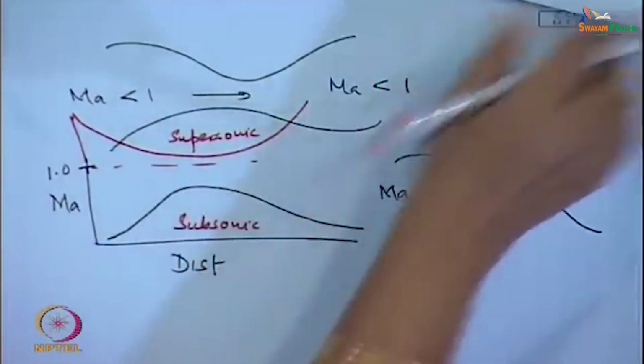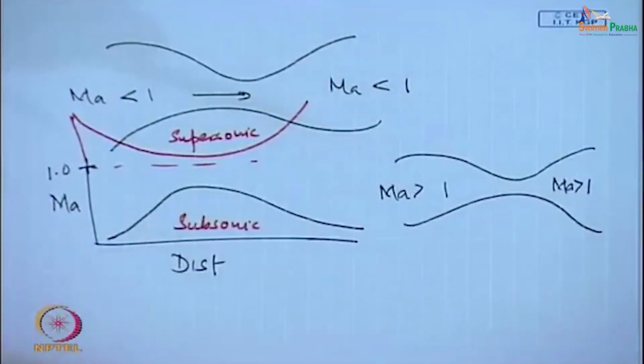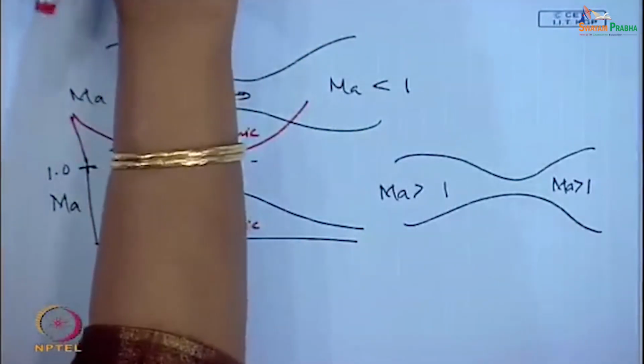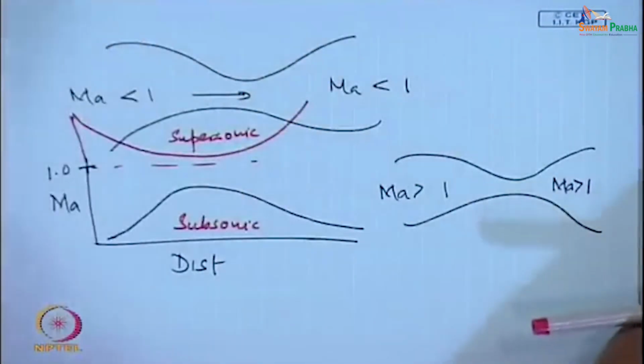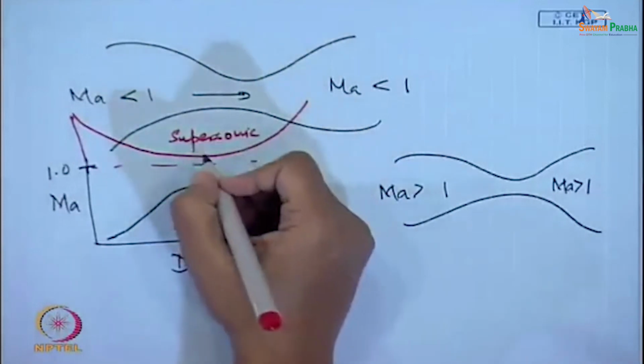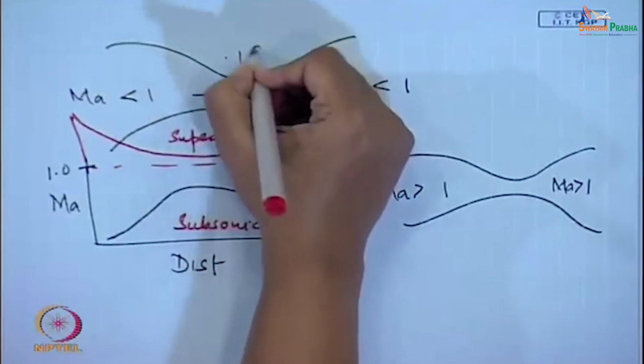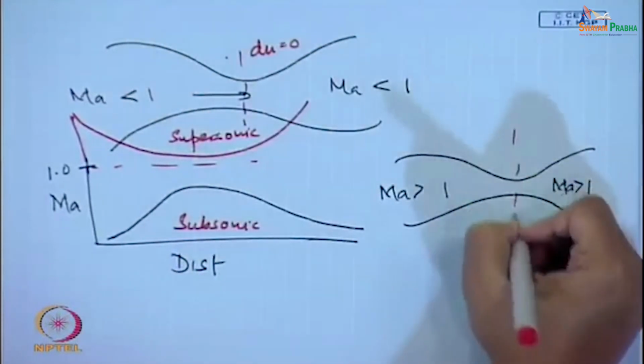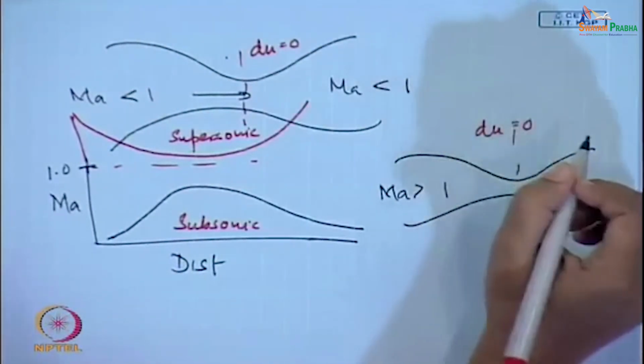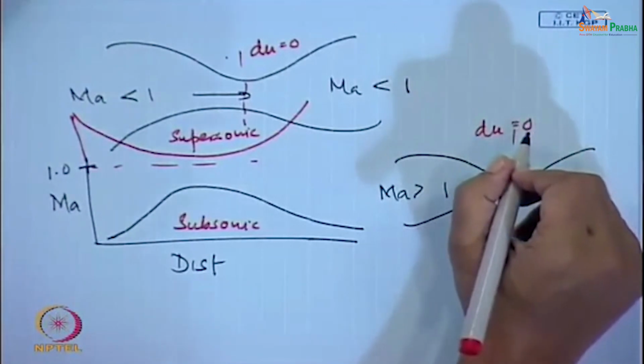We can also have these two conditions, but we need to remember that for this to occur, du has to be equal to 0 under this particular condition. In this particular case, du has to be equal to 0. This is the thing that you have to remember.